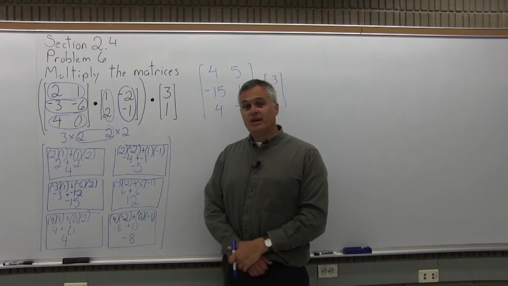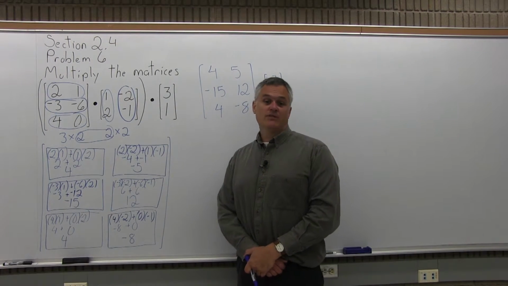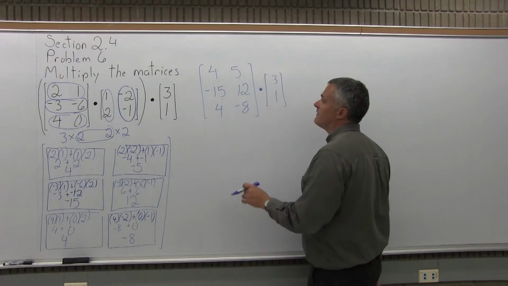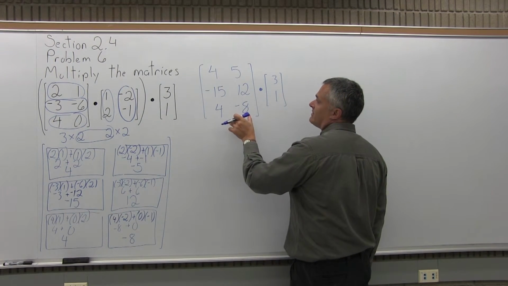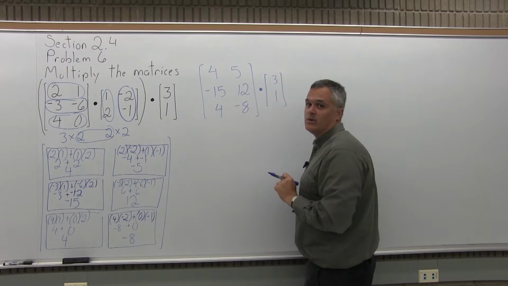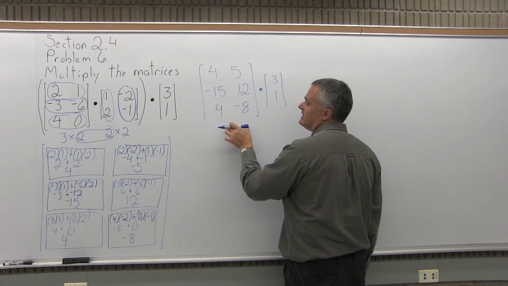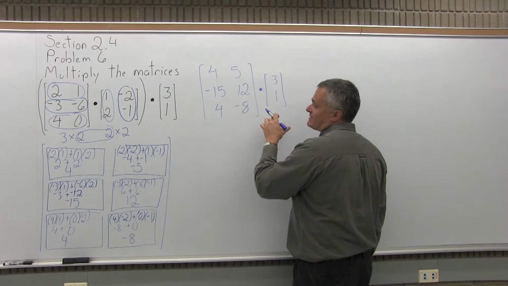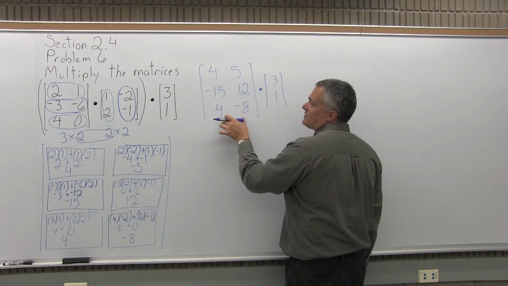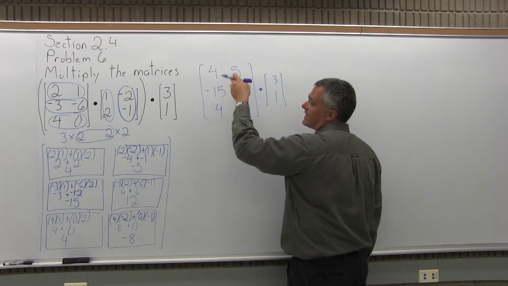So first of all, does this multiplication even have a solution? Is the number of columns in the first matrix equal to the number of rows in the second matrix? The way to check that is to write the dimensions underneath each matrix and then see if the inner numbers match. So this first matrix is a 3 by 2. It has 3 rows and 2 columns.